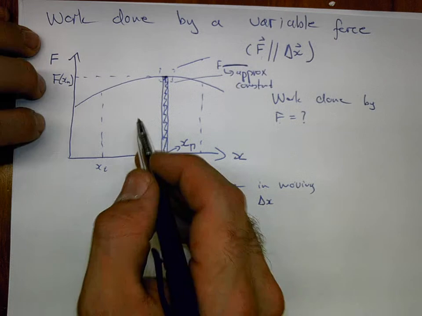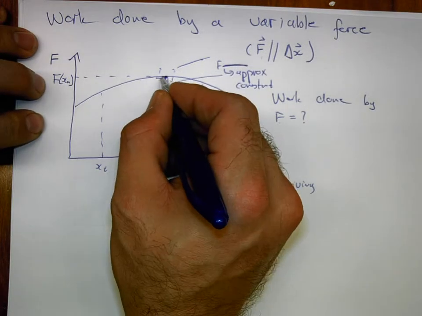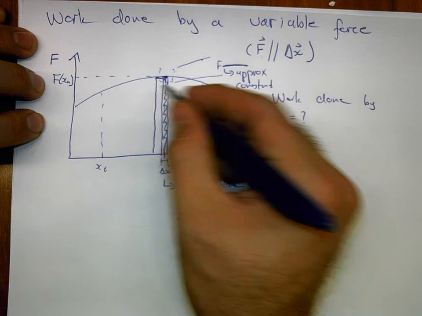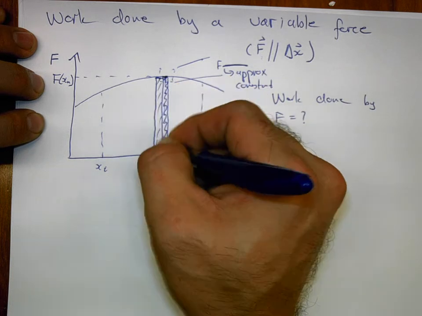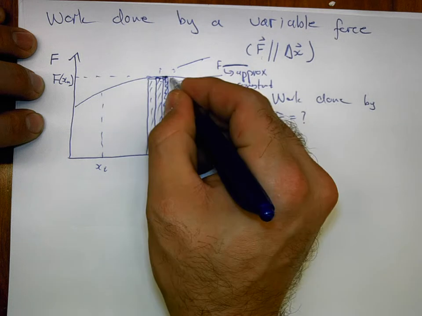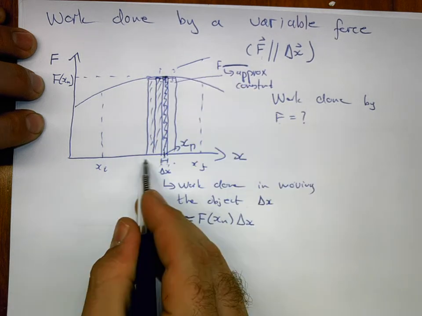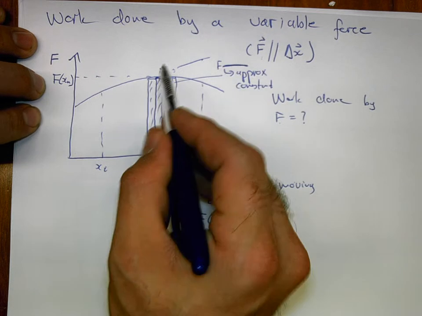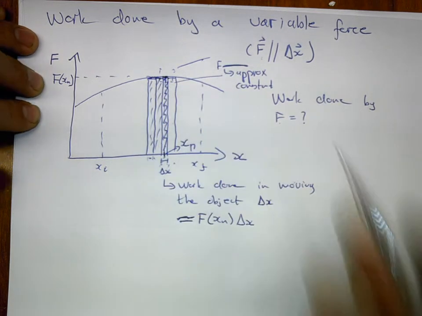And we can now get a good approximation of the total area under the graph by just dividing the whole thing into little rectangles. And we choose the width of these rectangles to be so tiny that over that interval, the magnitude of the force doesn't change by a lot.